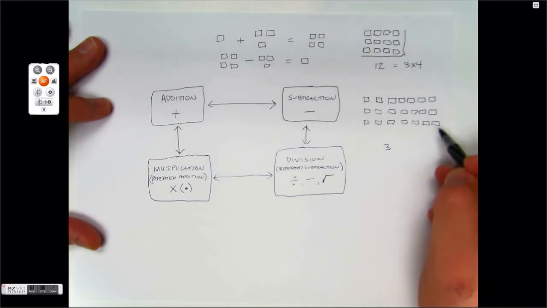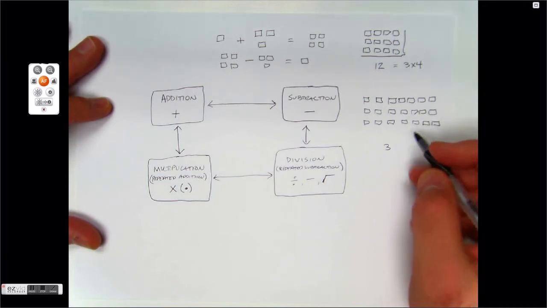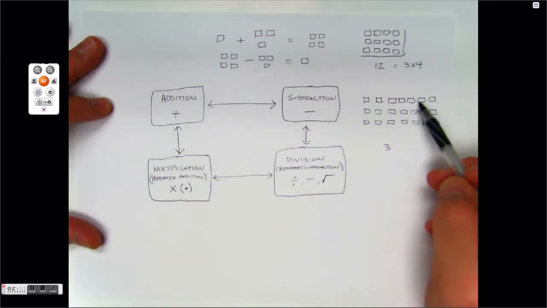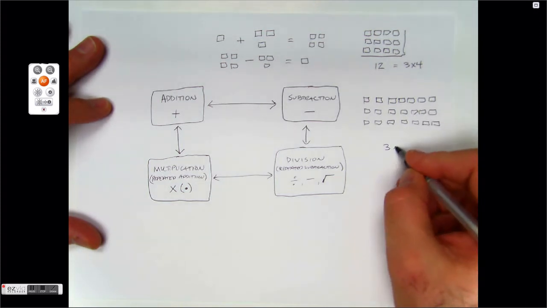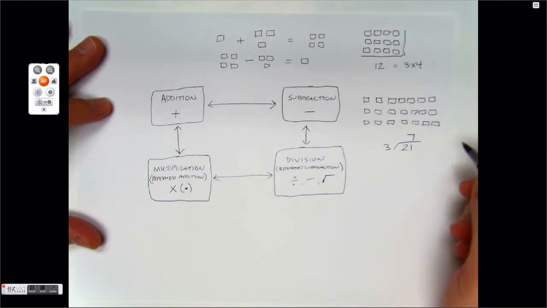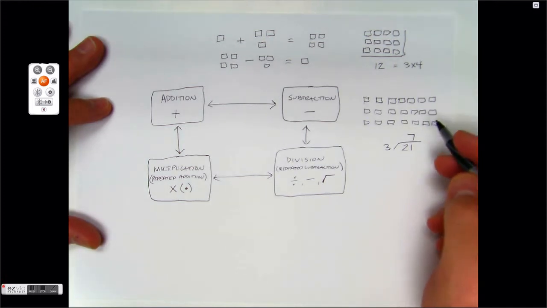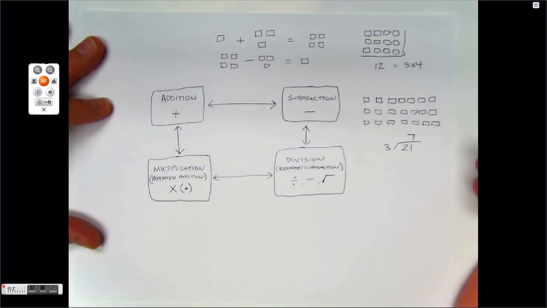Well, I could take one at a time and give one to this person, one to this person, one to this person, then one to this person, one to this, and eventually what we would do is we would have 3 stacks of 7 because there's 21 total here. Well, what division allows us to do is to take that 21 and divide it by 3 and get 7. So instead of doing them individually, division allows us to make this repeated subtraction more efficient.